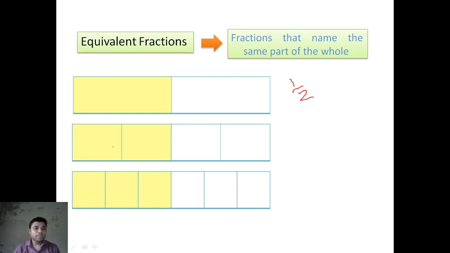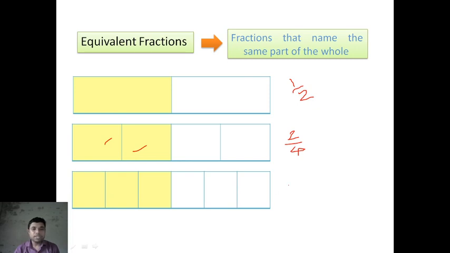Here, among four parts, how many parts are shaded? 2 parts. So the fraction is 2 by 4. And here among 6 parts, all parts are the same, so among 6 parts, how many parts are shaded?